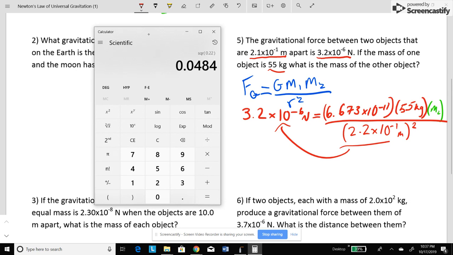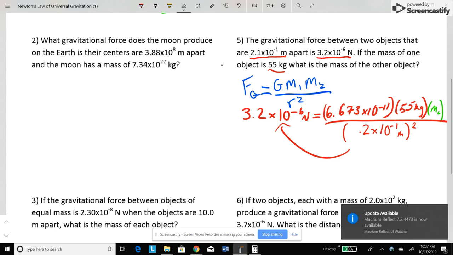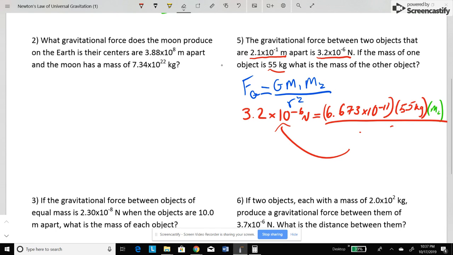So this whole part at the bottom is going to be 0.0484. Let me erase this down here. I'm going to rewrite this since we got rid of it. It's going to be 0.0484. All right, that's my new value since I got rid of the square.